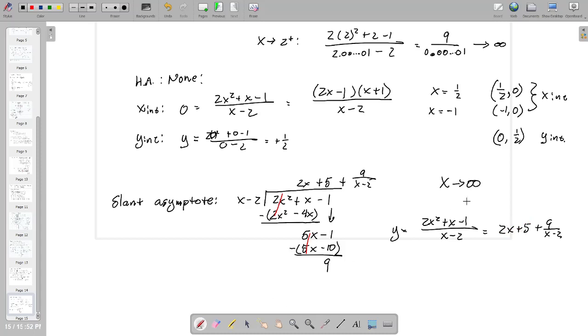So our y will be going toward 2x plus 5. So this is our slant asymptote. When we draw our graph, at the ends of the graph, this is the line that we're going to follow. I'll show you what I mean in a second.